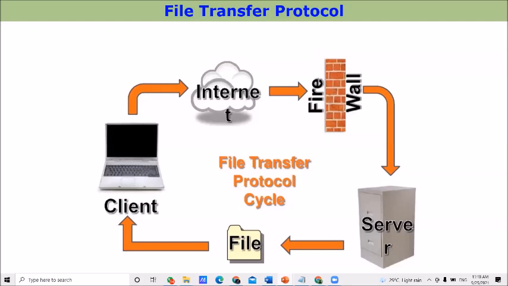To transfer files from server to client, both of these stations should have the file transfer protocol. Then only can the server send the files and the client receive them.